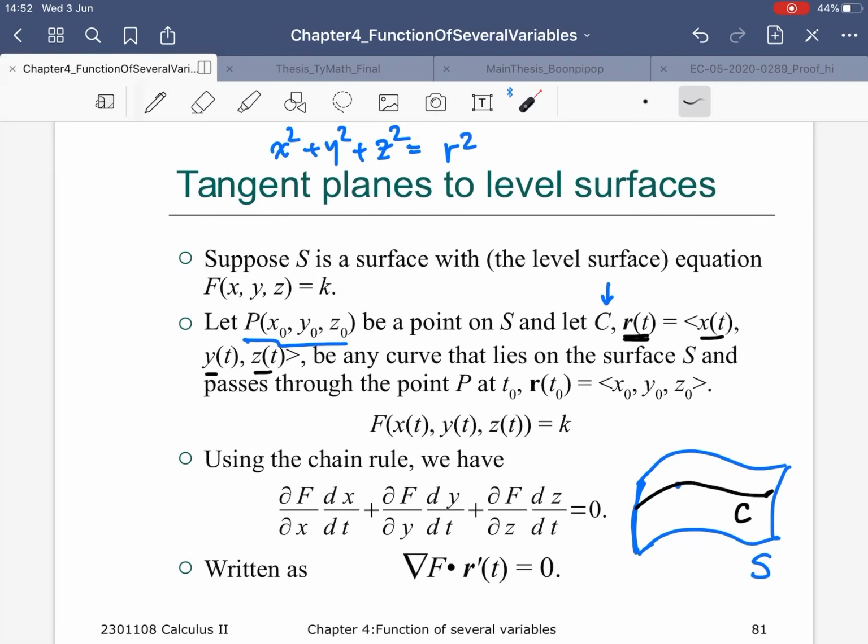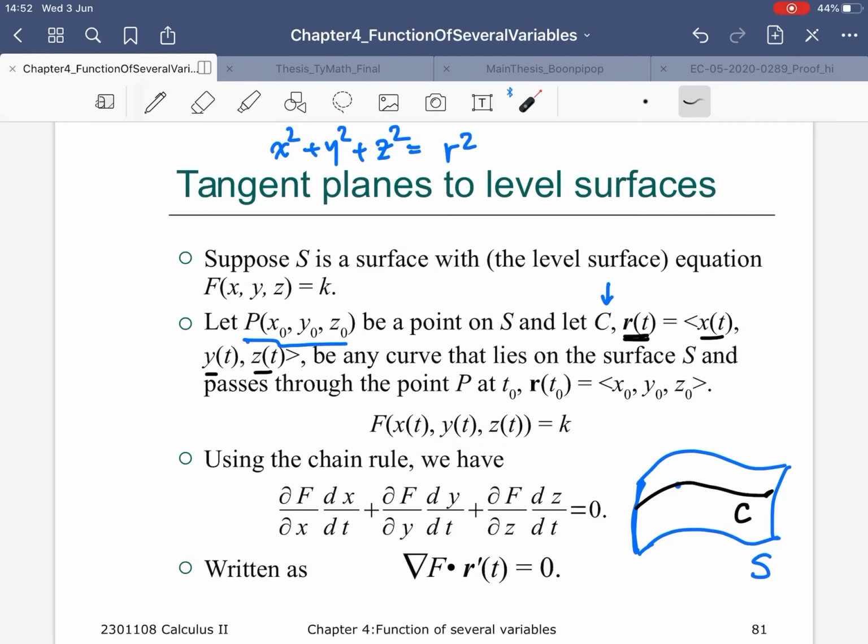Because this curve lies on the surface, each and every coordinate on this curve must satisfy the equation f of x, y, z equals k. But right now your x depends on t, your y depends on t, your z depends on t. So you are going to replace these by f of x(t), y(t), z(t) equals k.